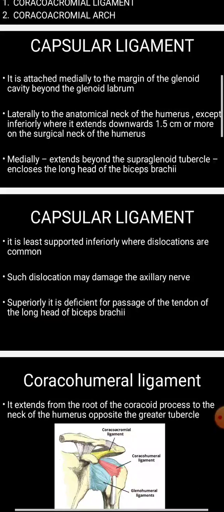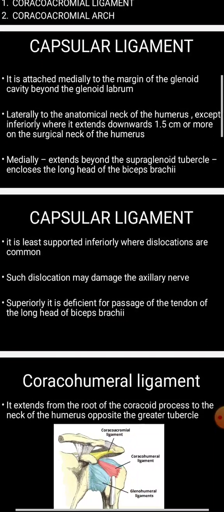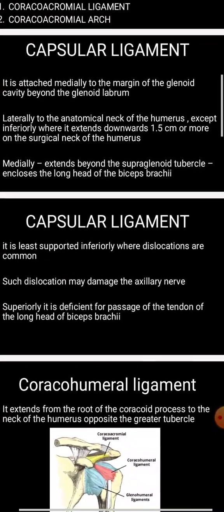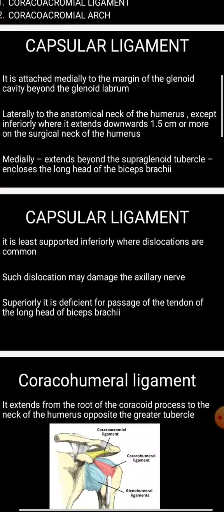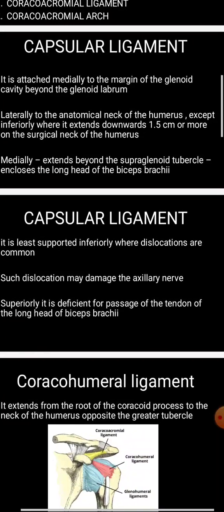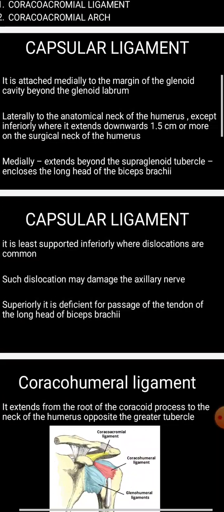So whenever somebody asks where the common dislocation part of the shoulder is, it is mainly the inferior aspect. Superiorly, it is deficient for the passage of the tendon of the long head of the biceps. So this is a characteristic feature of the capsule.